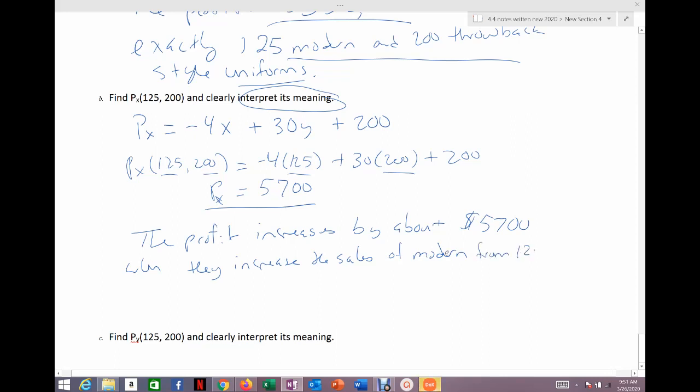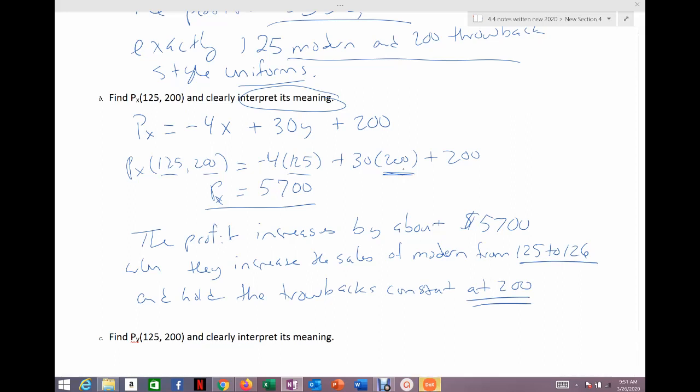Specifically from 125 to 126, that 1 unit increase. And we hold the throwbacks, because that's the y value, constant at 200. And that's important because we use that 200. So it's important that it was held at 200. That's the constant it's held at. All right, and so there's that one.